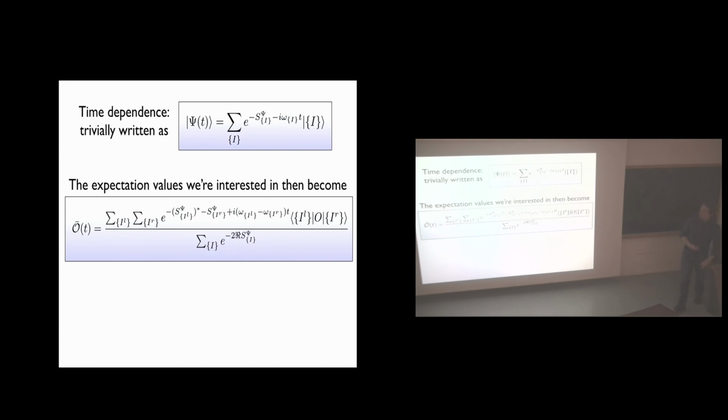When I compute a time-dependent expectation value, I just need to do a sandwich between bra and ket of this operator I'm interested in. Okay? So I have a double summation over Hilbert space of matrix elements of the physical operator I'm interested in, sandwiched between eigenstates. So you already know from me that at least this element here I can compute with algebraic Bethe ansatz. Okay?